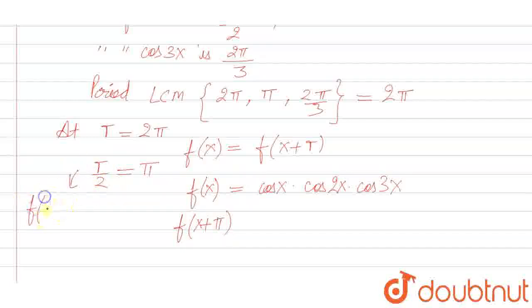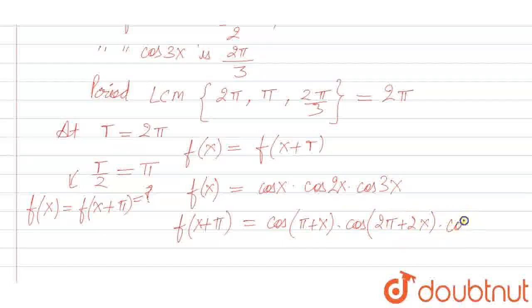So f of x is equal to f of x plus pi, this we have to check. So f of x plus pi is equal to cos of pi plus x into cos of 2 pi plus 2x into cos of 3 pi plus 3x.